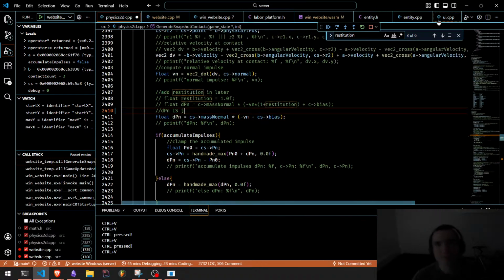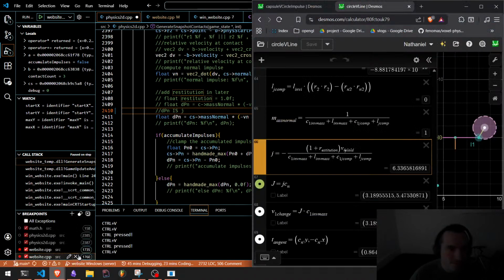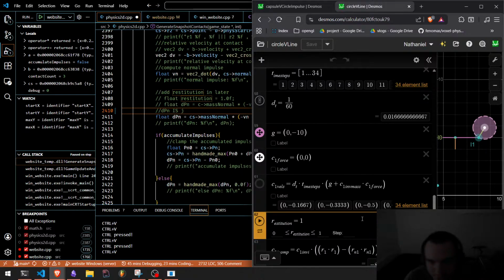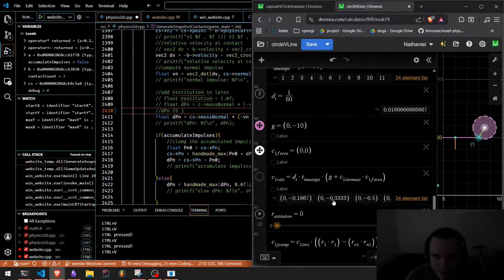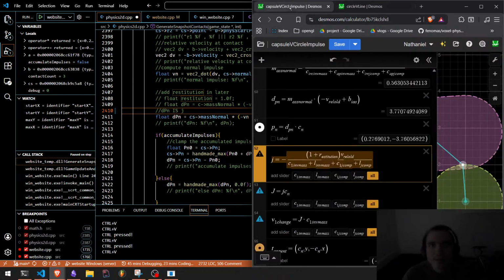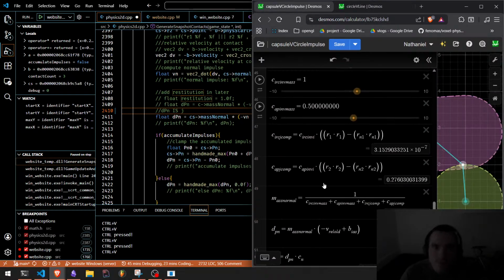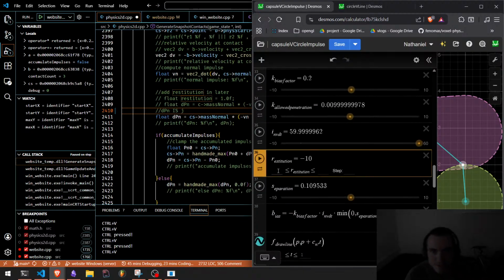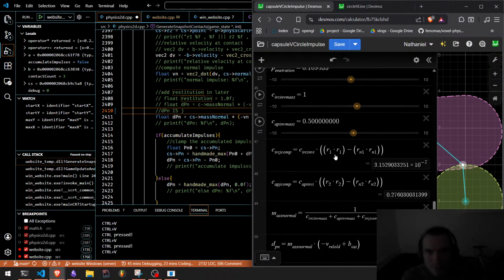I don't know. So anyway, let's just crank down restitution to 0, and constrain it between 0 and 1. Okay, so restitution is 0.